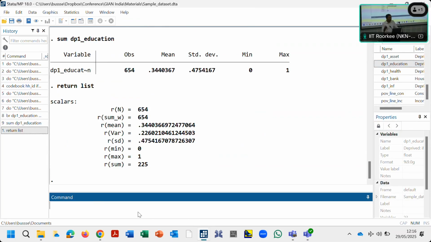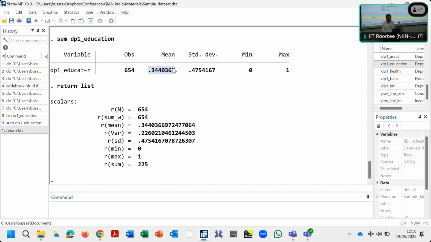You can always recall these values whenever you need. Look, STATA has shown the mean is stored within r(mean). This mean value is stored there. The standard deviation, minimum, maximum, sum, everything is stored there.